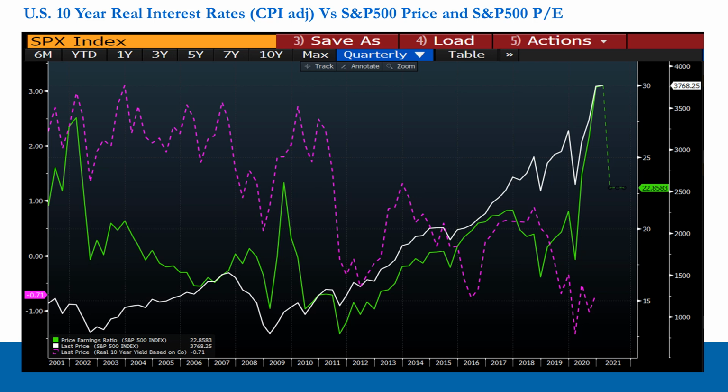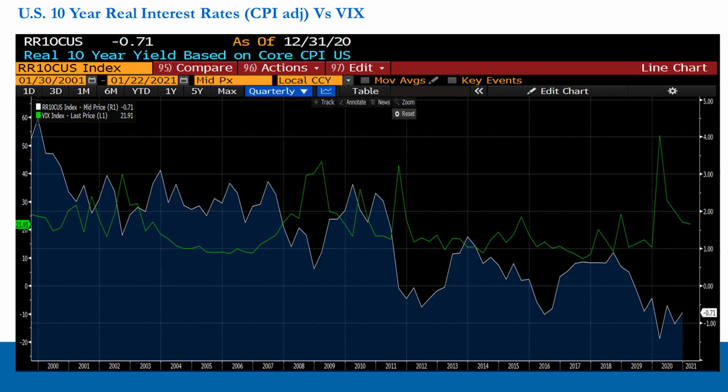But that's just a forecast. If you look at the reported data of 2020, we see the price earnings ratio of the S&P 500. When the S&P was around 3,700, we see the PE ratio of around 30, which is obviously extremely elevated in terms of valuation. But let's have a look at this in slightly closer detail.